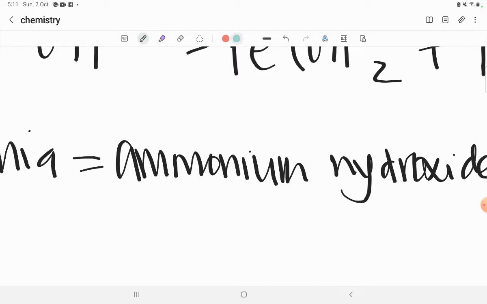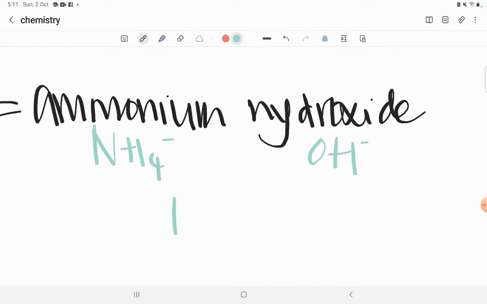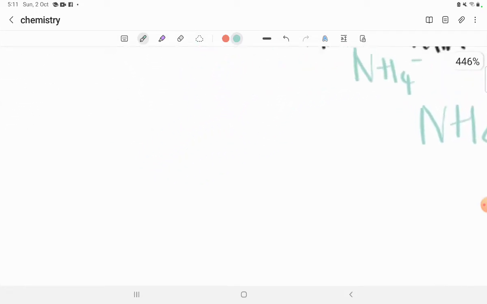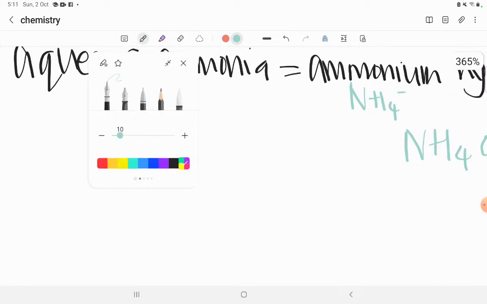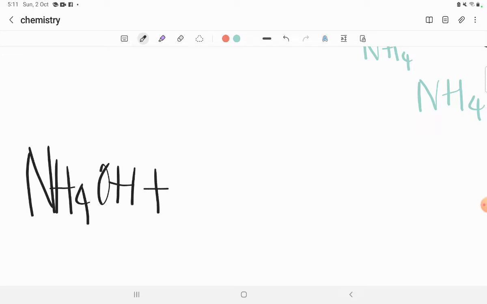Ammonium is NH4 plus, hydroxide is OH minus, so it is NH4OH. Okay, aqueous ammonia and what? NH4OH plus what, guys? Plus copper 2 nitrate.